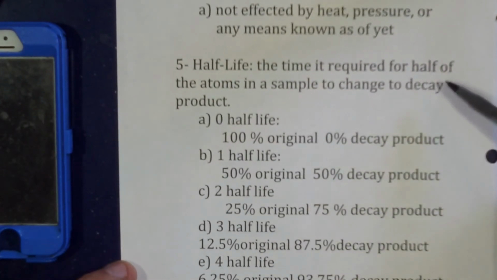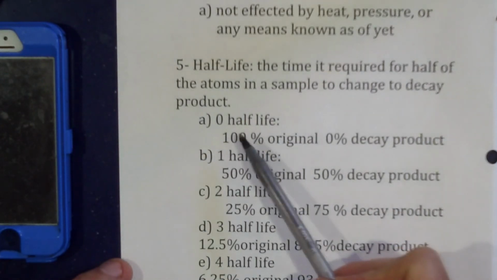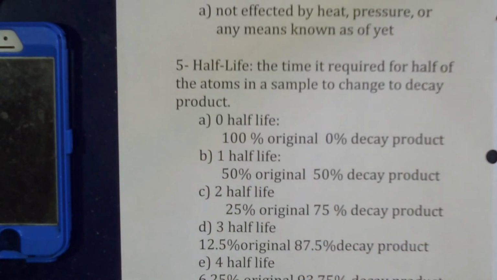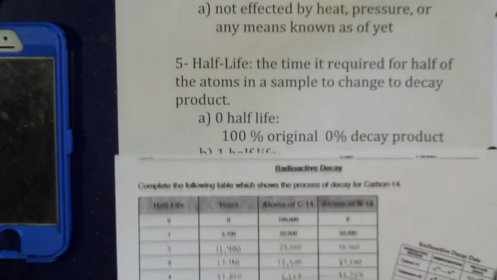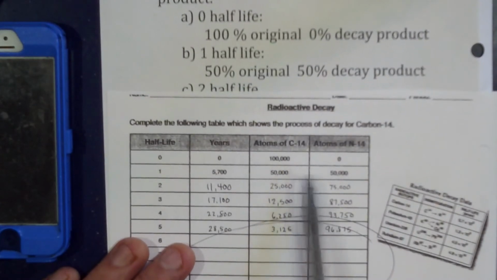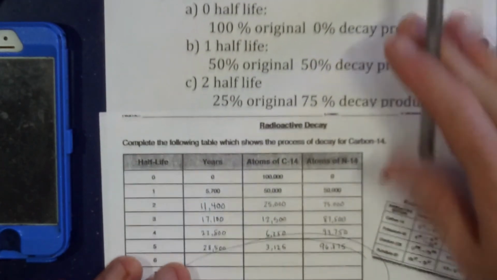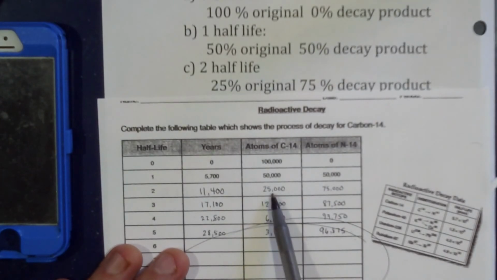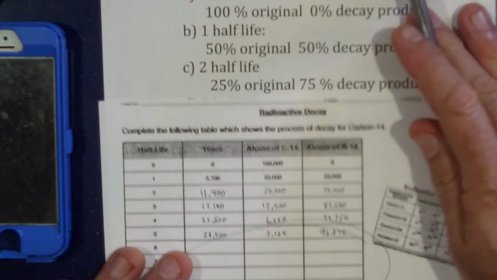Half-life is the time required for half of the atoms in a sample to change to the decay product. So at 0 half-lives, we have 100% original material, 0 decay product. After 1 half-life, we have 50% of the original and 50% of the decay product. After 2, we have 25% of the original, 75% is decay product.